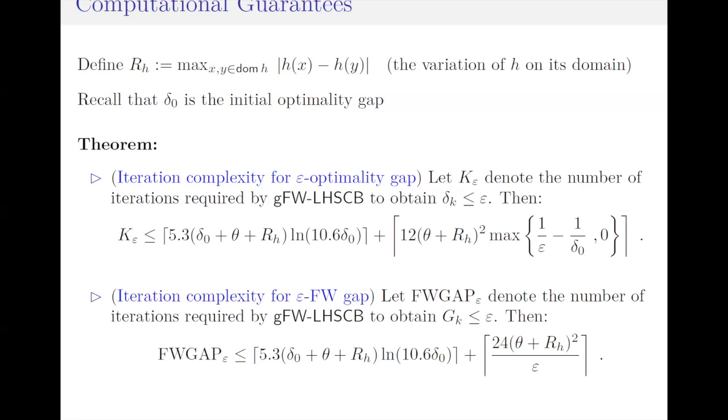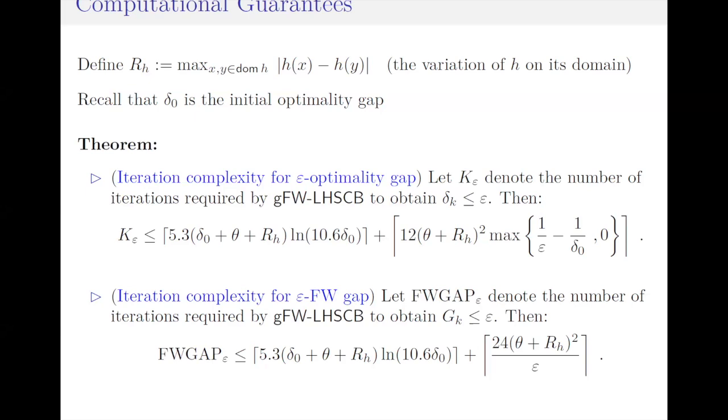And the second one is the iteration complexity to obtain an epsilon Frank-Wolfe gap. As I mentioned just now, in the Frank-Wolfe literature, we not only care about this optimality gap, we also care about this Frank-Wolfe gap. The reason is that the Frank-Wolfe gap is a very nice criterion for us to terminate this algorithm. That's why we also give a guarantee to obtain an epsilon Frank-Wolfe gap.